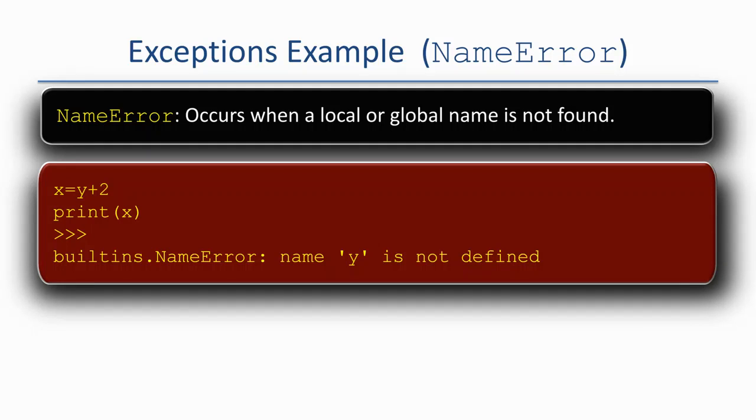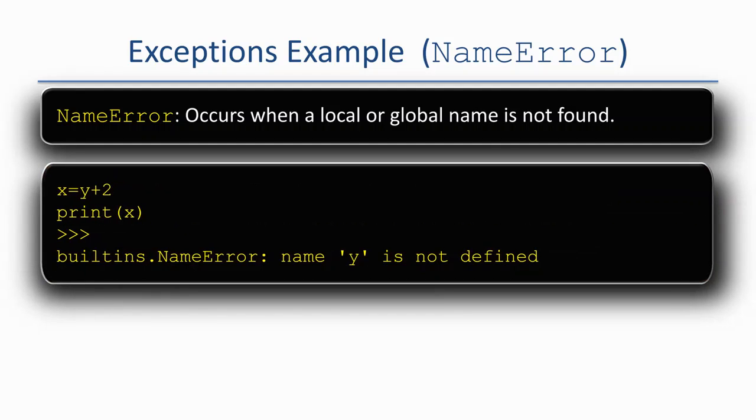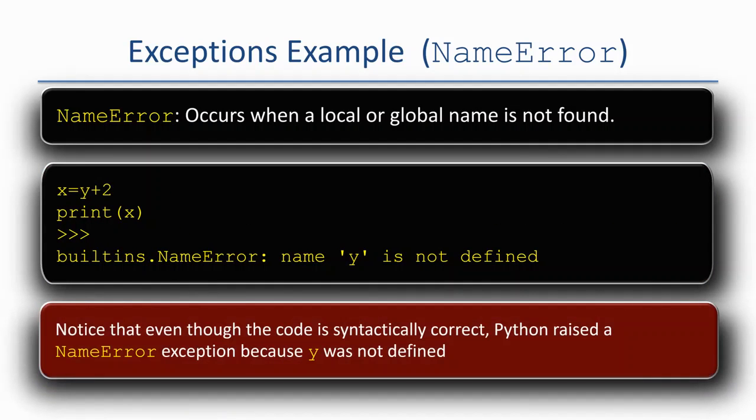If you run this program, you will get an error, because in the first line, when Python tries to add y plus 2, it notices that the variable y has not been defined before, so it cannot find the value corresponding to the variable y. And that is why you get name error. Notice that even though the code is syntactically correct, Python raised a name error exception at execution time because y was not defined.